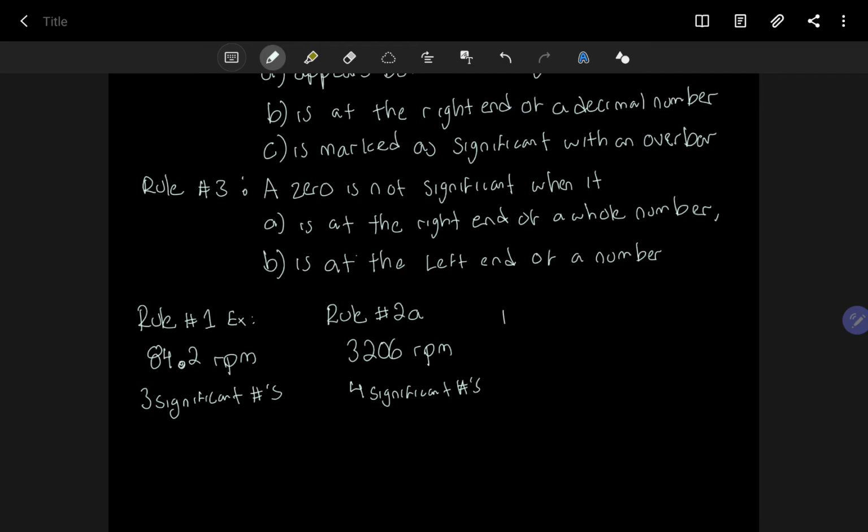Let's look at rule number 2B. And we're going to consider the following one. So it's at the right end of a decimal number. Okay, so in this case, 24.0 volts. We're trying to see how many significant numbers we have, and so how many do we have?